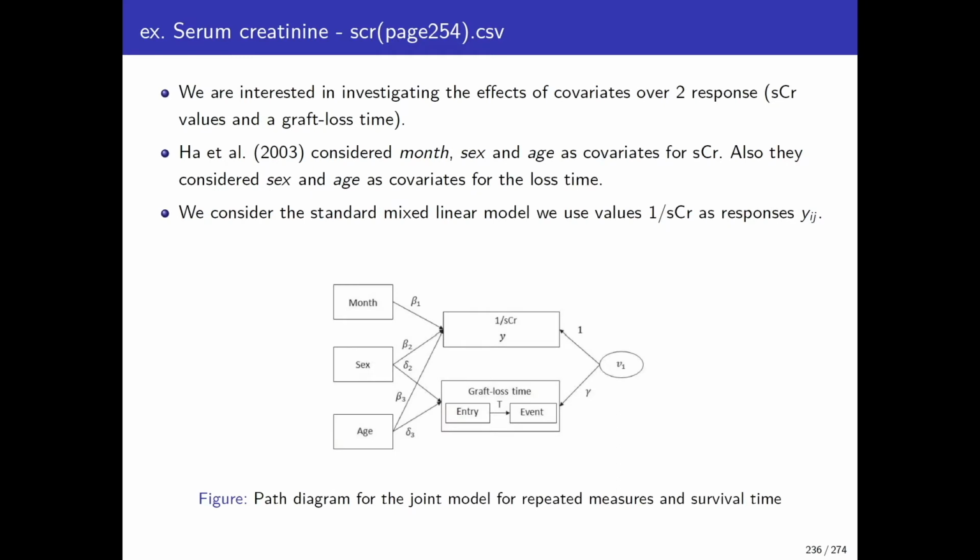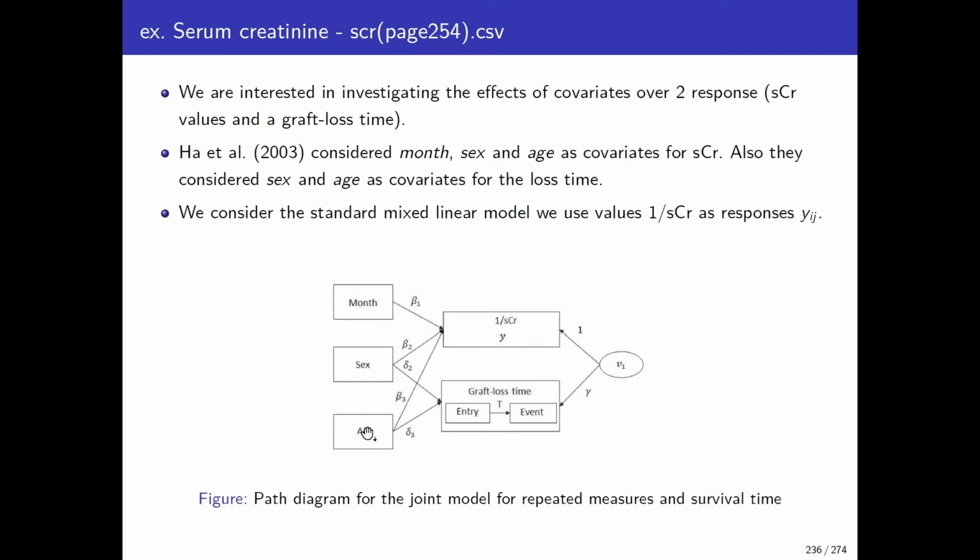Broadly speaking, we are interested in investigating the effect of covariates on the responses, the SCR values and the graft loss time. Following Ha et al. in 2003, consider month, sex, and age as covariates for SCR. Also, they consider sex and age as covariates for the loss time. We consider the standard mixed linear model. We use 1 per SCR as response for Y_ij.